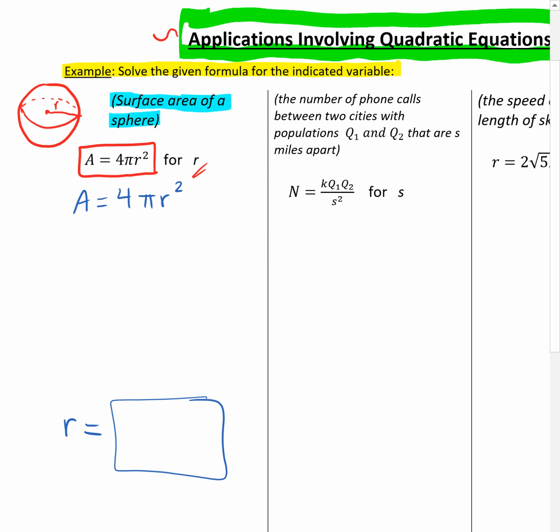So I'm looking at A equals 4 pi r squared, and I'm thinking, okay, how do I get r by itself? Well, the first thing I think I want to do is what? One way to think of it, if you're thinking, okay, but how do you know what order to get rid of things in? The way I remember it is, I know I want to move the 4 and the pi and the square eventually.